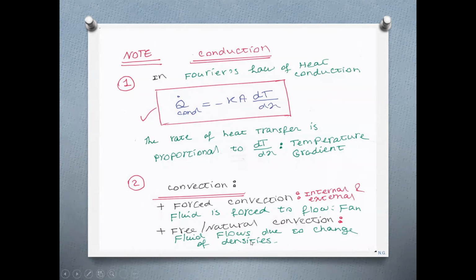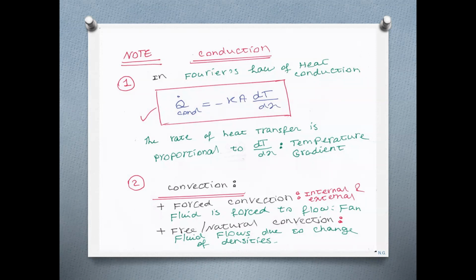And there is forced convection when fluid itself has velocity. And by the way, that can increase the rate of heat transfer by convection. With forced convection, there is internal forced convection, for example, when we are talking about fluid inside the pipe, oil inside the pipe, or air inside the pipe.